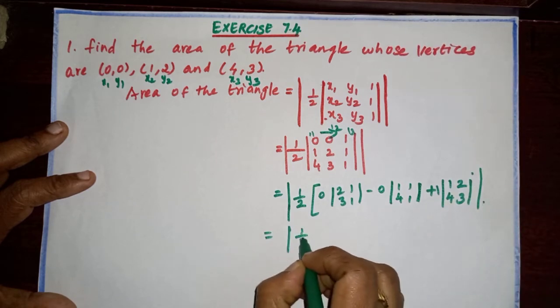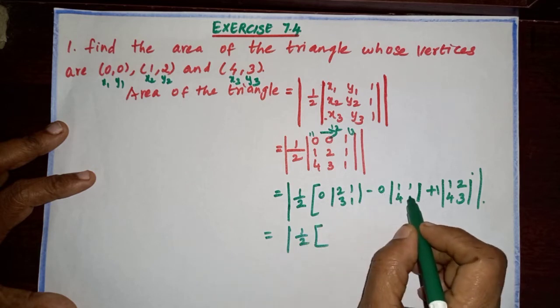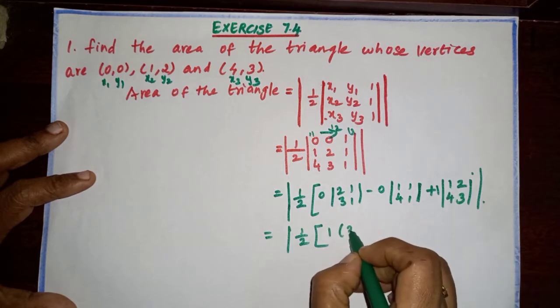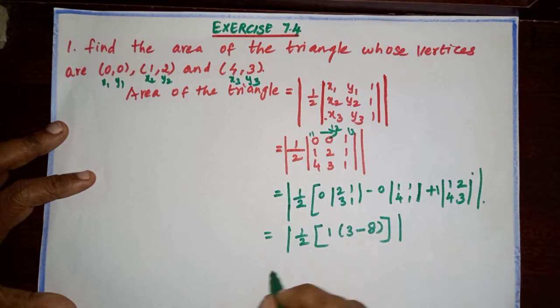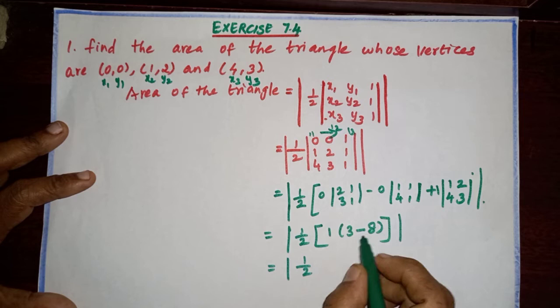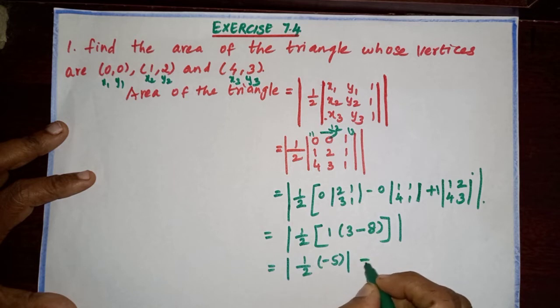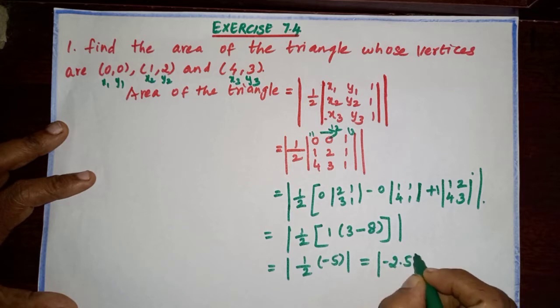Now see here, 0 into the determinant is 0, 0 into the determinant is 0, 1 into 3 is 3, minus 4 twos are 8, which equals 1 by 2 times (3 minus 8), that is minus 5, giving absolute value of minus 5 by 2, which is minus 2.5.